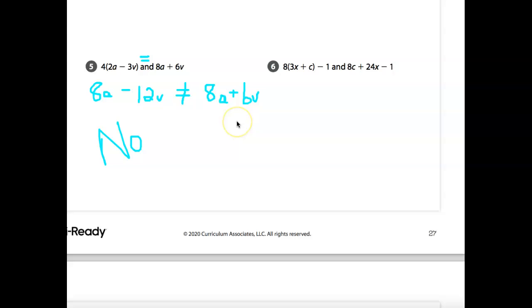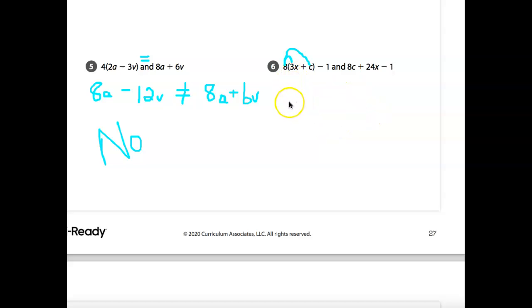All right, great. All right, and number 6. Okay, I'd like you to try this one on your own. Remember what to do. You have to distribute the 8 to these two terms. So 8 times 3x plus 8 times c minus 1, and write it out here.